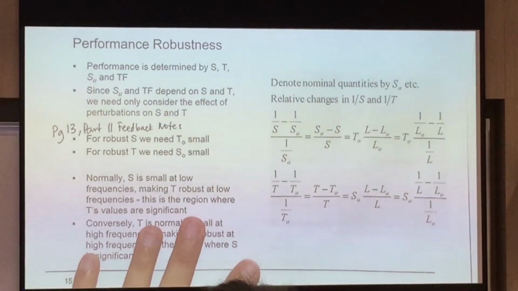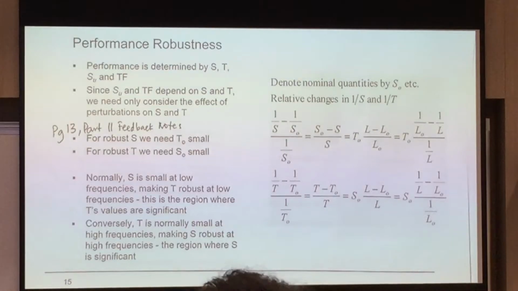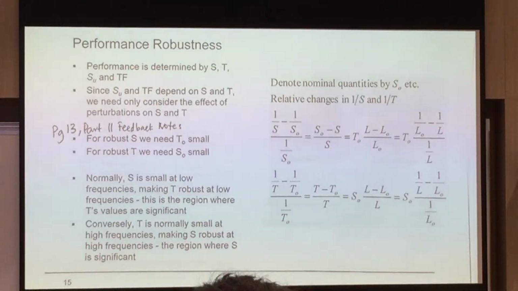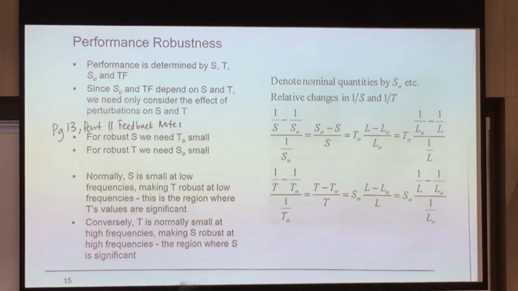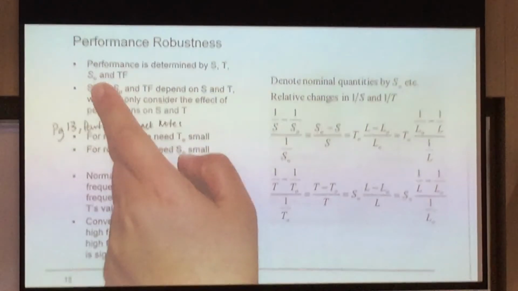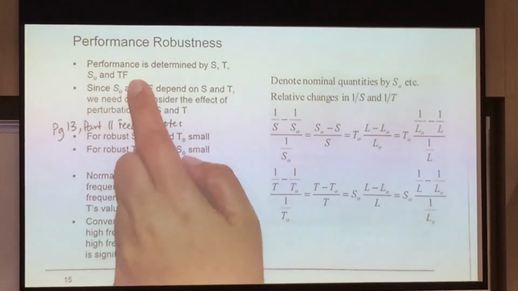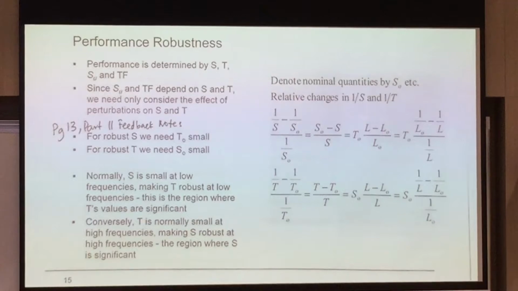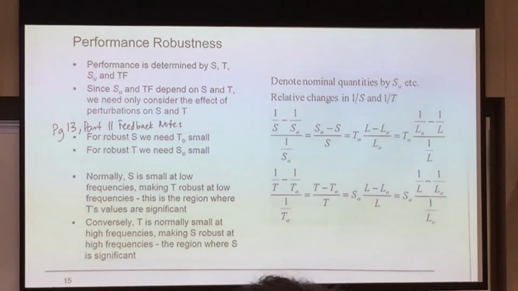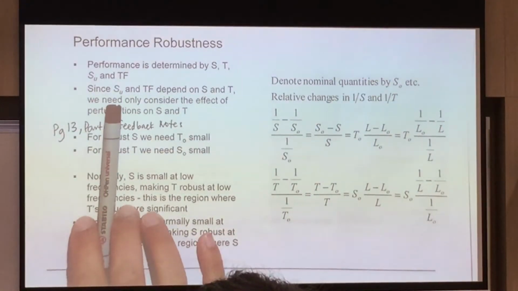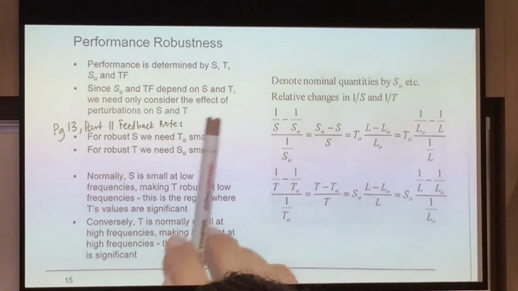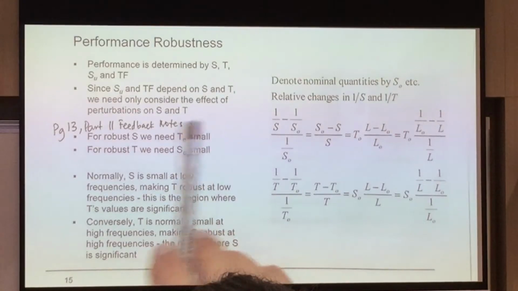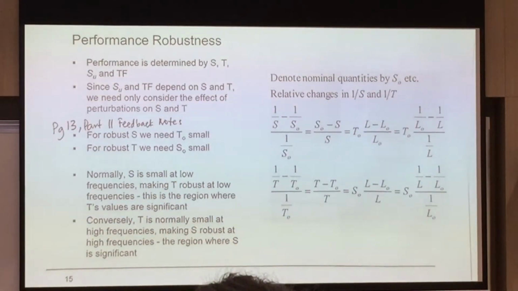The next slide is on performance robustness. Now we're telling you that if you want to look at performance robustness, you don't just look at S and T. You also look at Su, the control sensitivity function, and the open loop response. Because the control sensitivity function and the response depend on S and T, we need to consider the effect of perturbations on S and T. What does it mean?